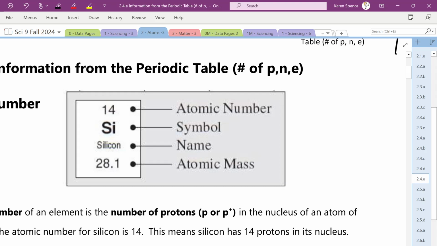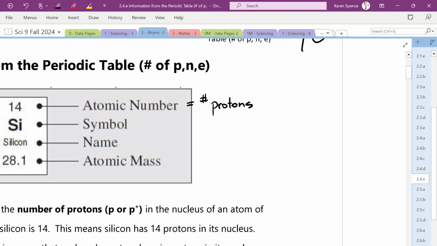There are 3 useful things for you this year on the periodic table. The atomic number is useful. What does the atomic number tell you? The number of protons. It tells you something else as well.